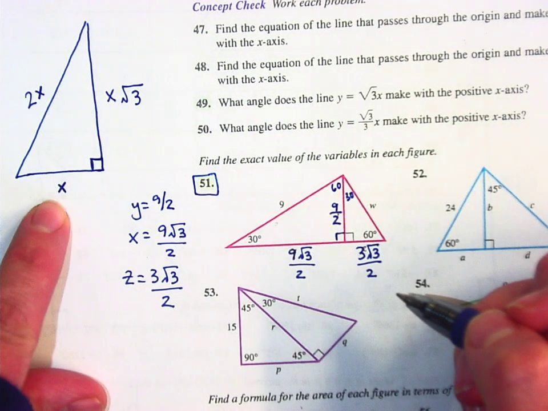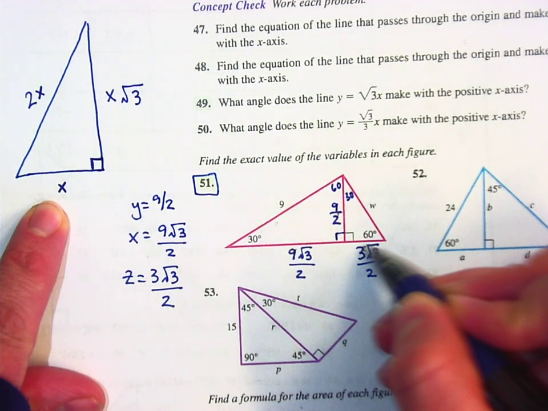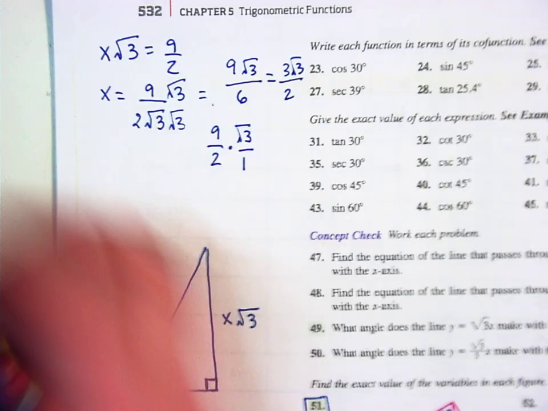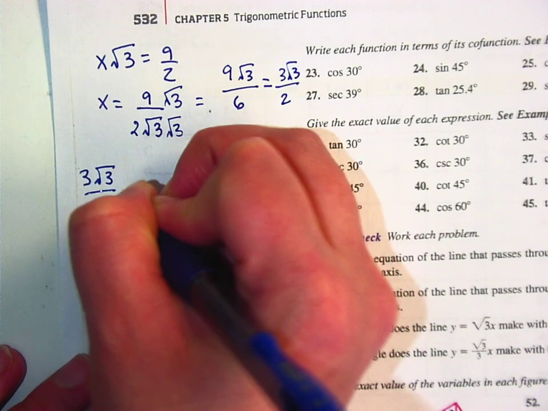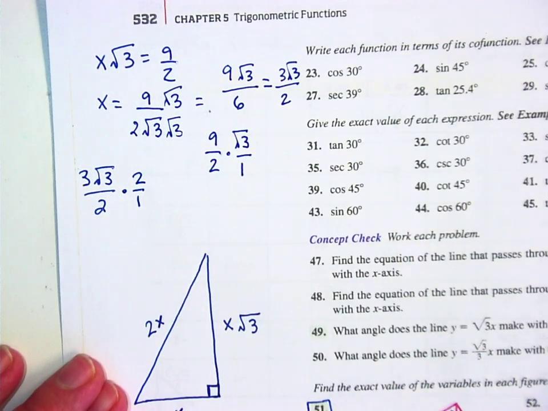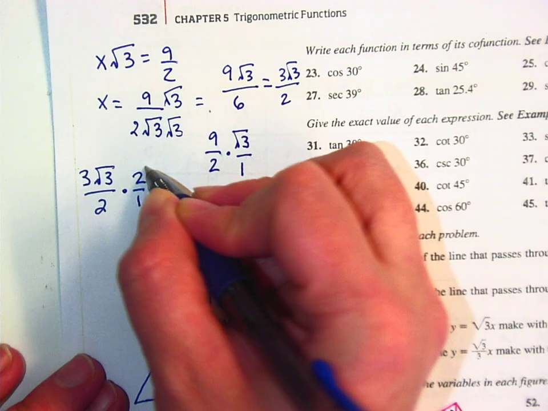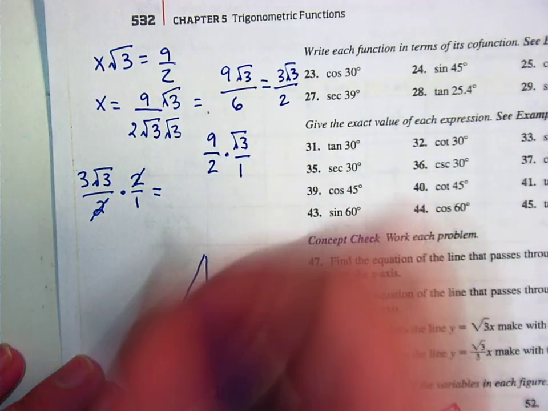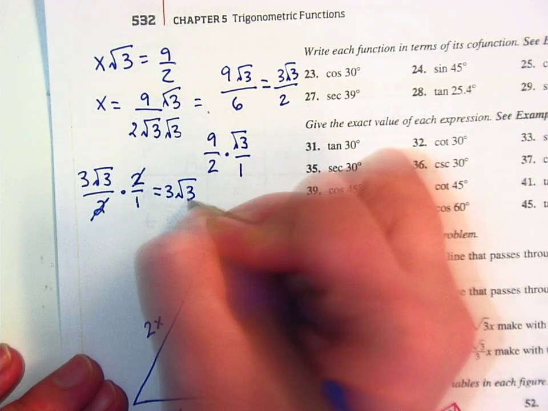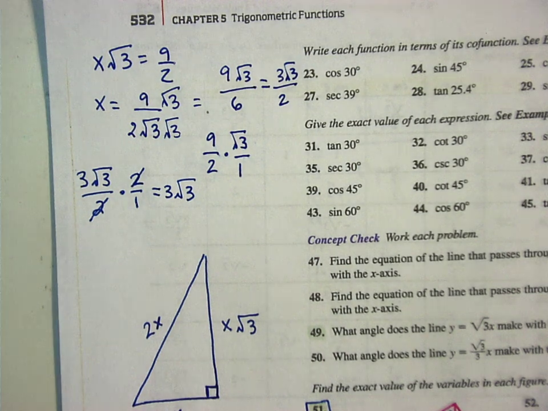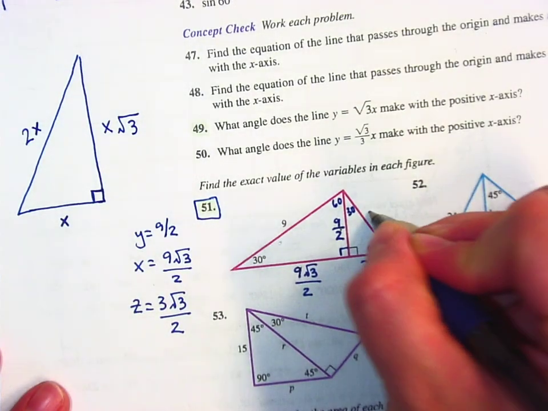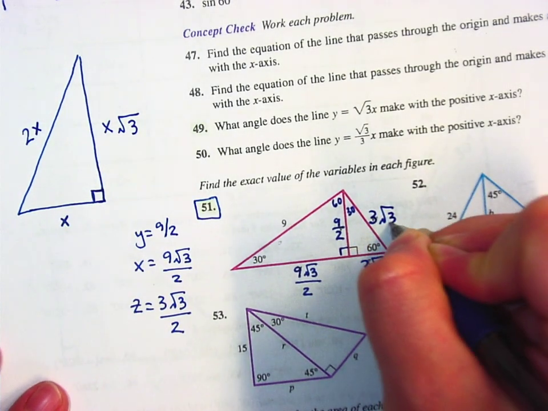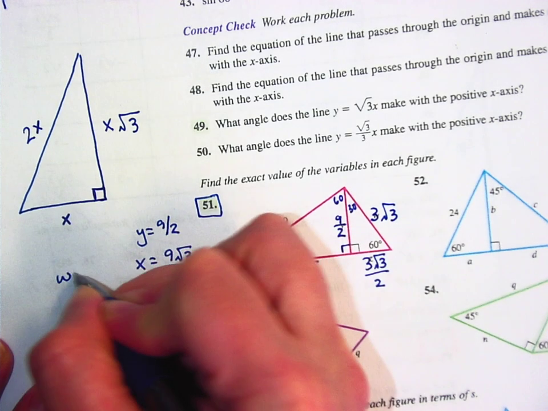I take whatever this bottom is and multiply it by 2. So I'm going to write 3 times the square root of 3 over 2 times 2. Those cancel out. I'm left with just 3 times the square root of 3. Or you could have said 6 times the square root of 3 over 2 and then reduce the 6 and the 2. So this is 3 square roots of 3, and that's the answer for w.